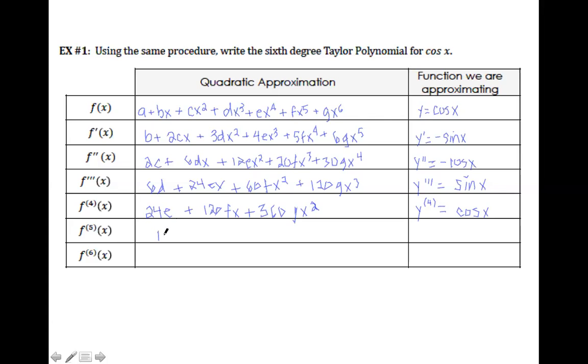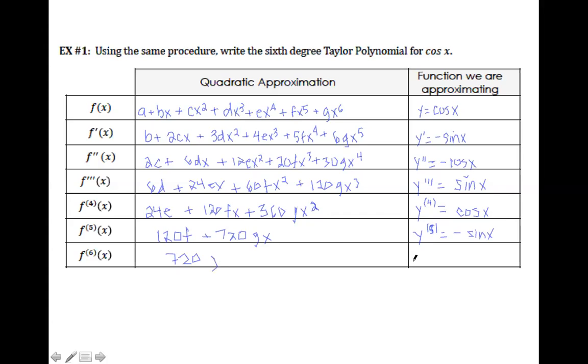We're left with 120f here plus 720gx. Fifth derivative of our original function. Derivative of cosine is negative sine. And that's a 5, by the way. All right. And last, we end up with 720g.